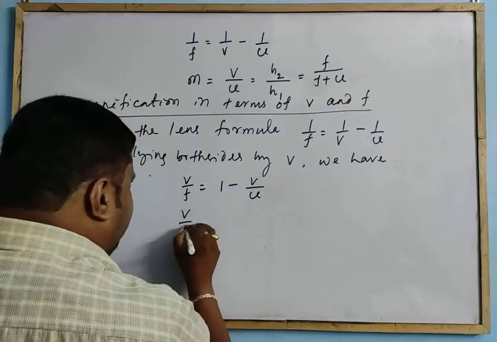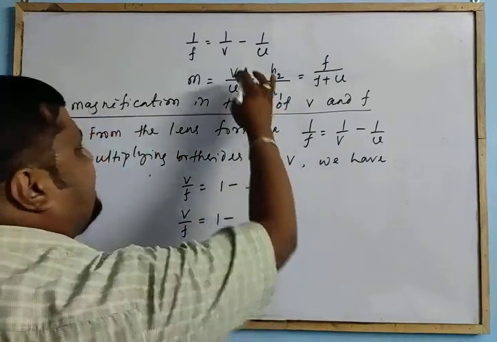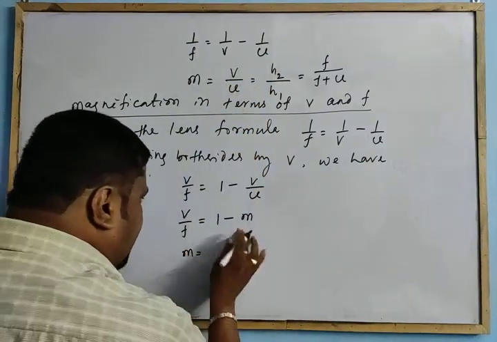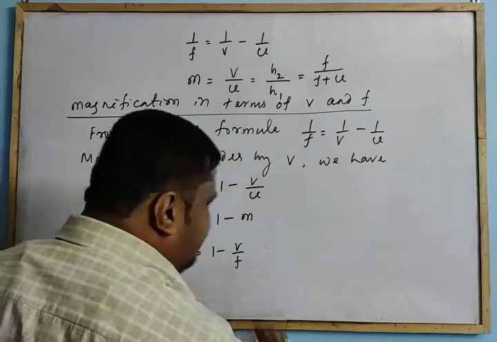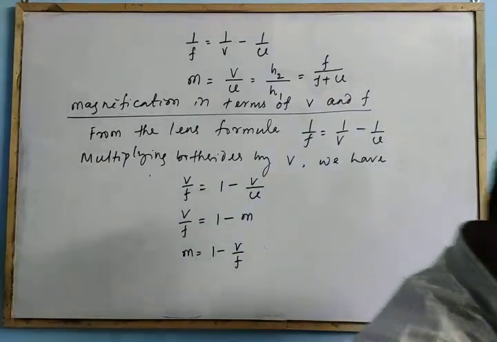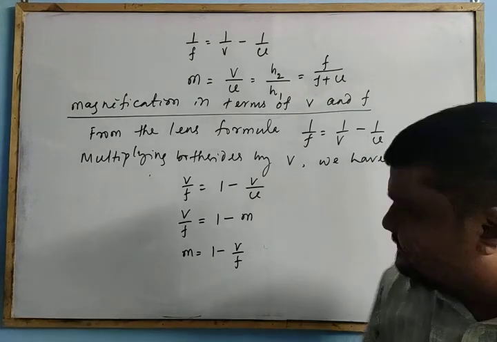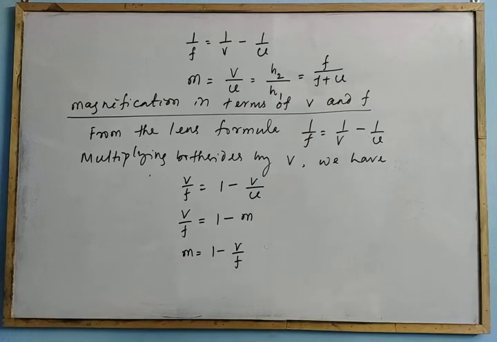So v by f is equal to 1 minus, what is my v by u? That is the magnification m. So m is equal to 1 minus v by f.